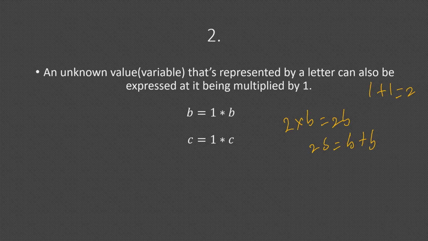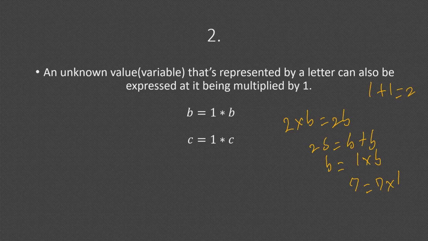With that being said, we can also say that b equals 1 times b, because b is just by itself. It's just like 7 equals 7 times 1. So with that being noted, we can keep it as that. And sometimes some questions can have you asking for that or have you manipulating that to find an answer.